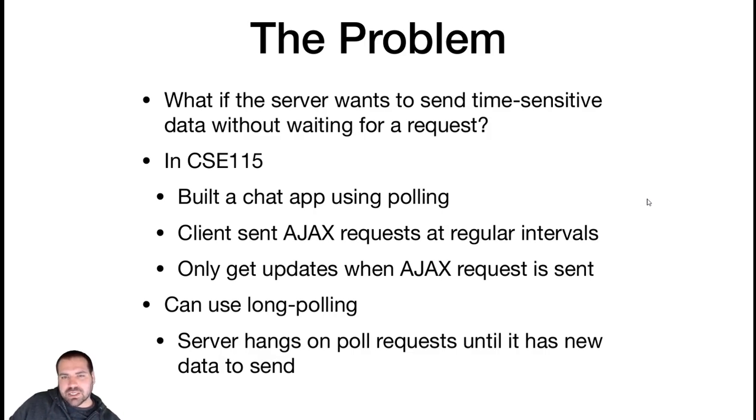But at least in lecture, we showed a chat app. That chat app had this problem where we have the factor of time: if somebody sends a message to the server after a client loads the page, they need a way of accessing that new information, most preferably without the user taking action.